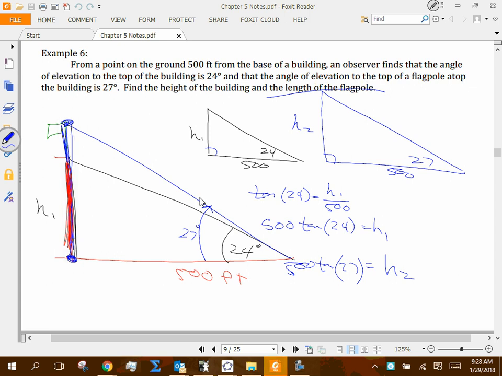If you go through this type of problem several times, you find H1 using tangent. Then say tangent 27 is equal to H2 over 500. Multiply both sides by 500, and I get H2 to be 500 tangent 27. If I compare H2 and H1, the only thing that changed was the 24 went to the 27.